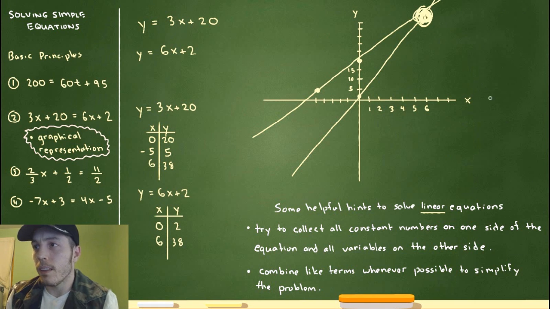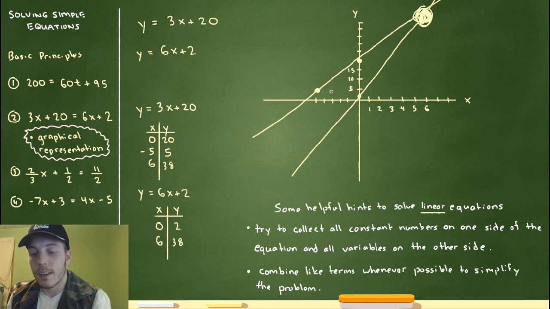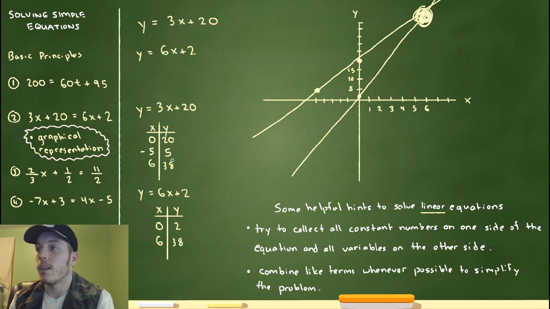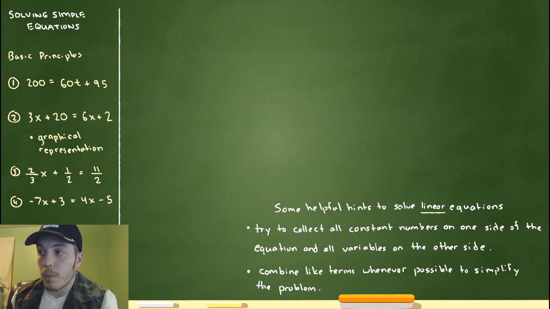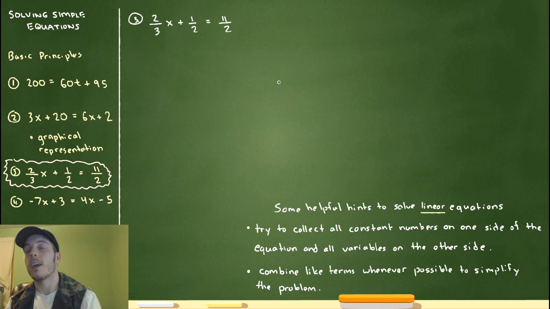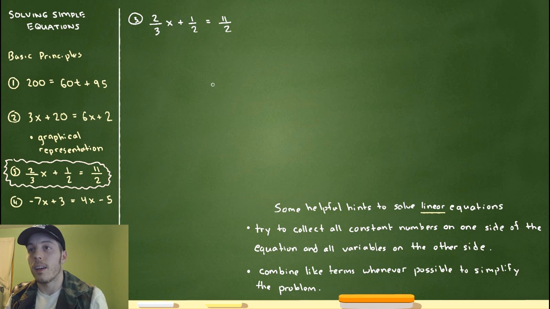Now, that's the graphical representation, and it's a good thing to keep in mind. Same thing when we have this situation here. We could graph it if we wanted to. But for the most part, these are easy enough to do by hand, so we don't necessarily need to go to the graphing calculator. But it's nice to know how to do things in different ways.